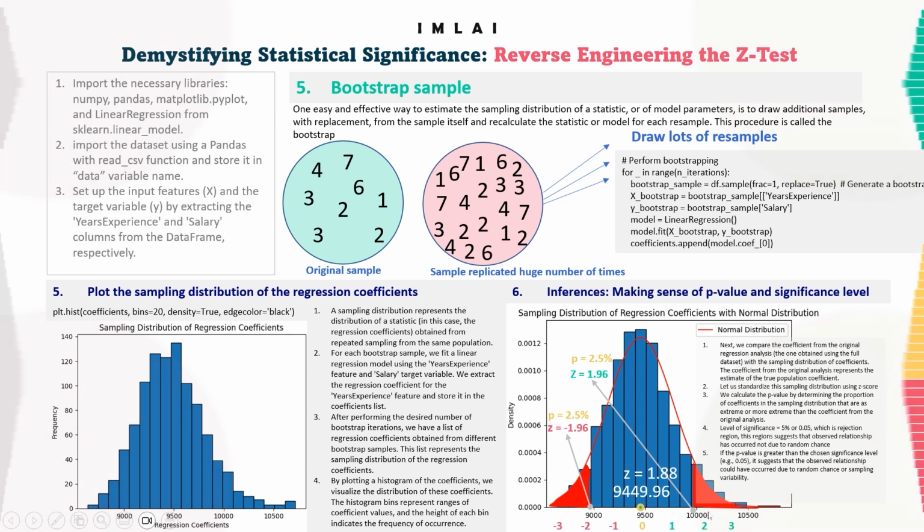If our p-value is lesser than 0.05, we say that there is a significant relationship between the target variable and feature, because the occurring through randomness or through variations in the data set is minute.